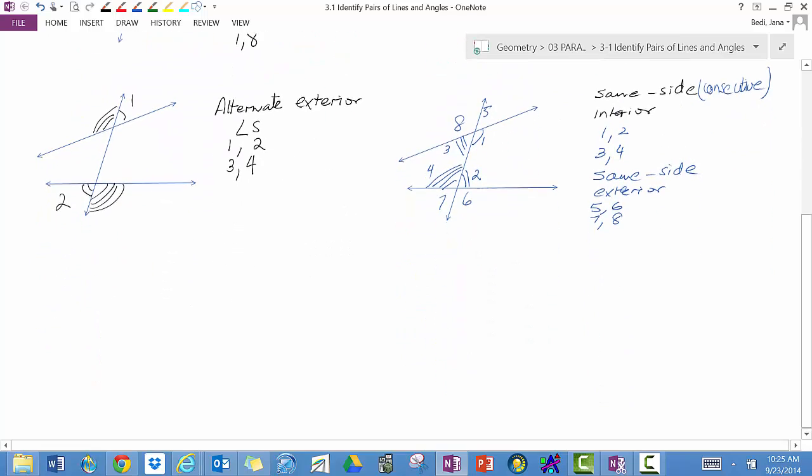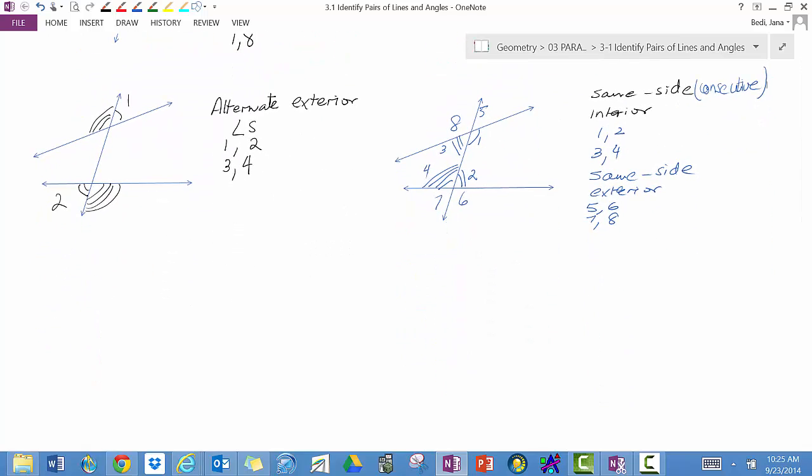Okay, let's now talk about parallel and perpendicular lines. If you have two lines in the same plane, they're either going to be parallel or they may intersect, and if they intersect, then they may intersect to form right angles, in which case they are perpendicular. So let's just draw these different cases. So you've got a line, and another line.